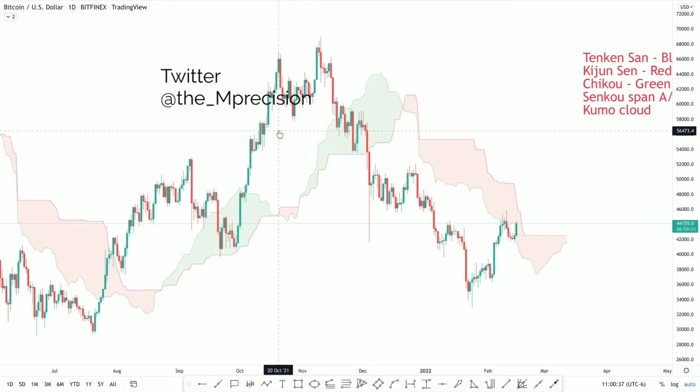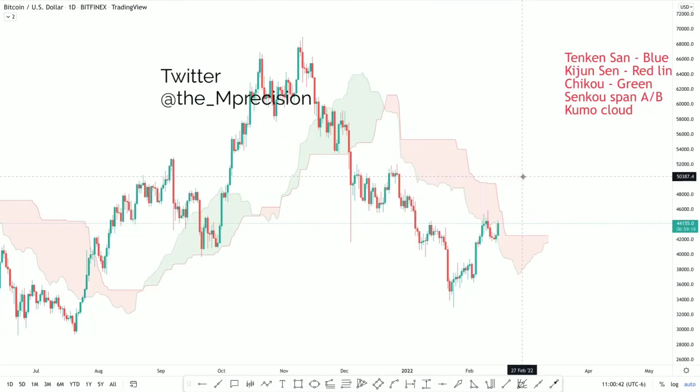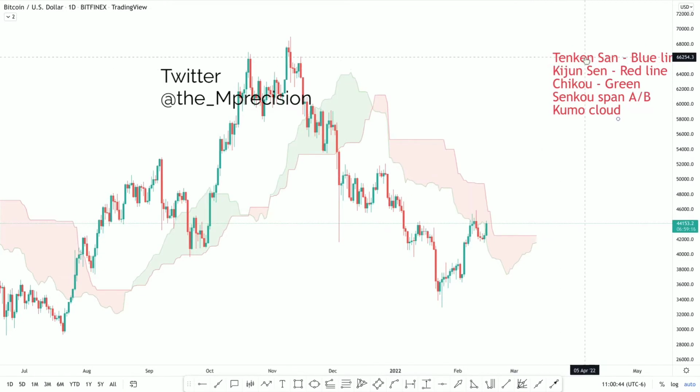All of this green and red is called the Kumo cloud. That is all there is to it. So Tenkan is a fast moving average, Kijun is a slow moving average, Chikou is 26 candles behind, lagging price action, and Senkou span are the upper and lower bounds, as well as the Kumo cloud, which is your bullish or bearish flow.